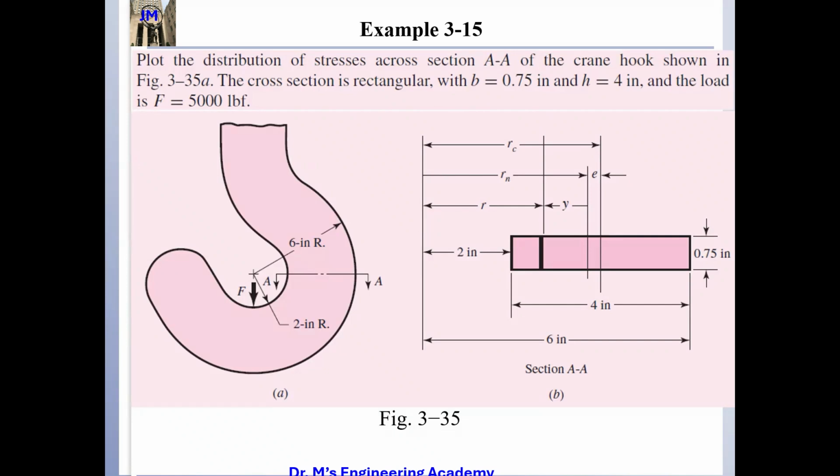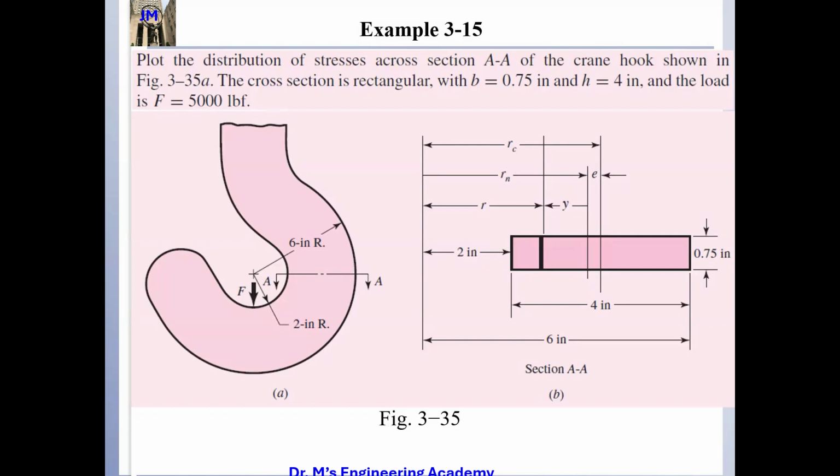So this force will have two effects. One, this guy is going to pull it vertically. Two, this guy will generate a bending moment. The bending moment equals the product of this F and the effective distance between this point and this center.